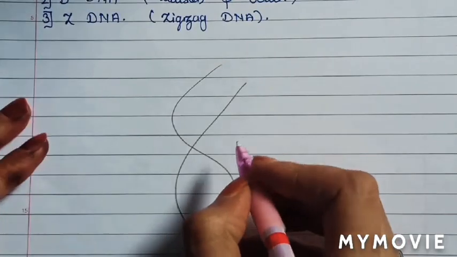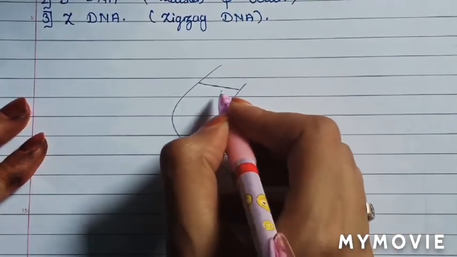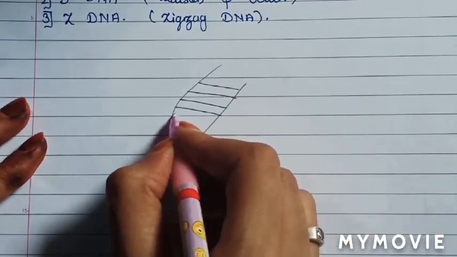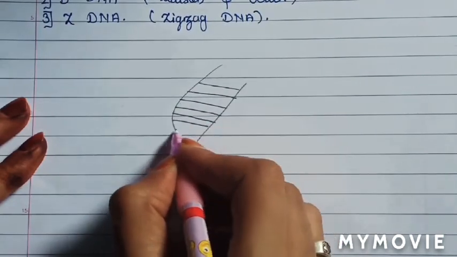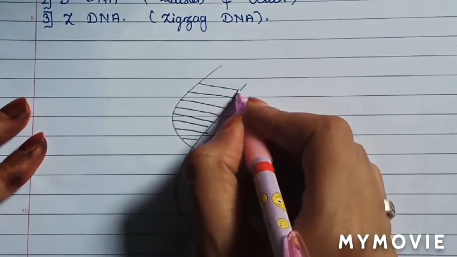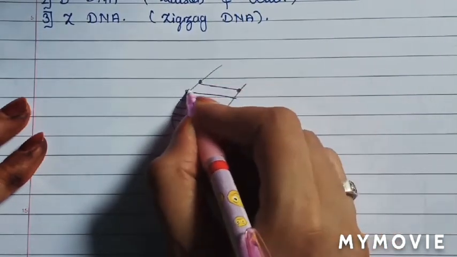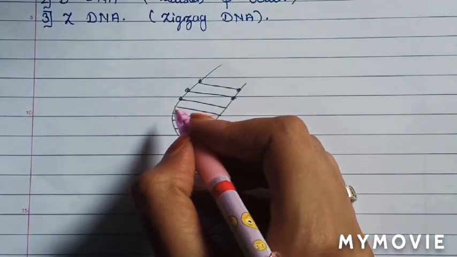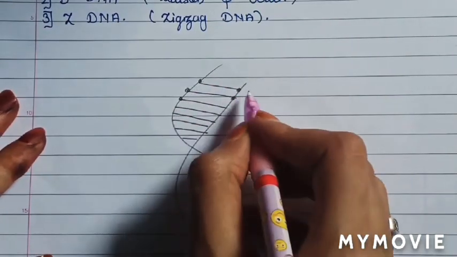Now we will draw the base pairs. These are the base pairs. We have seen in the previous video about the purines and pyrimidines. One purine, one pyrimidine.